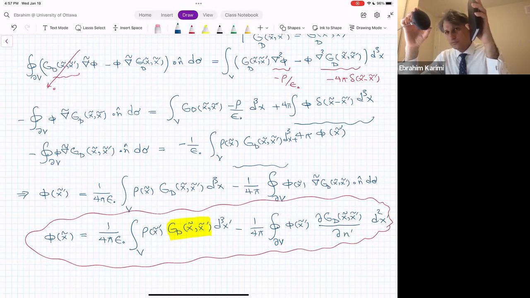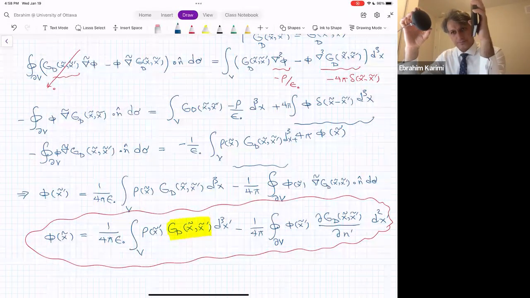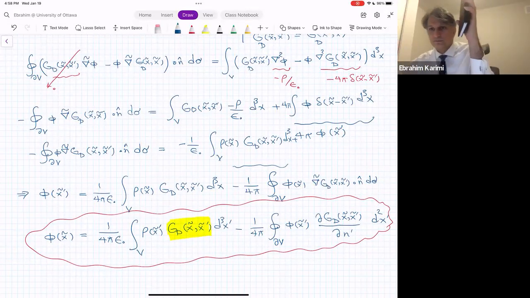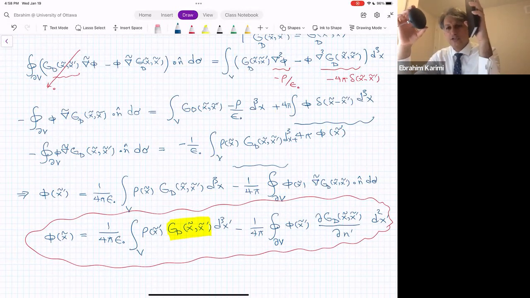Now this notebook is grounded, so it means that the potential here is 0. All right. So now, assuming that my room also has certain boundary conditions and everything is grounded, what are the potentials on the boundaries for all of them? Can you tell me?